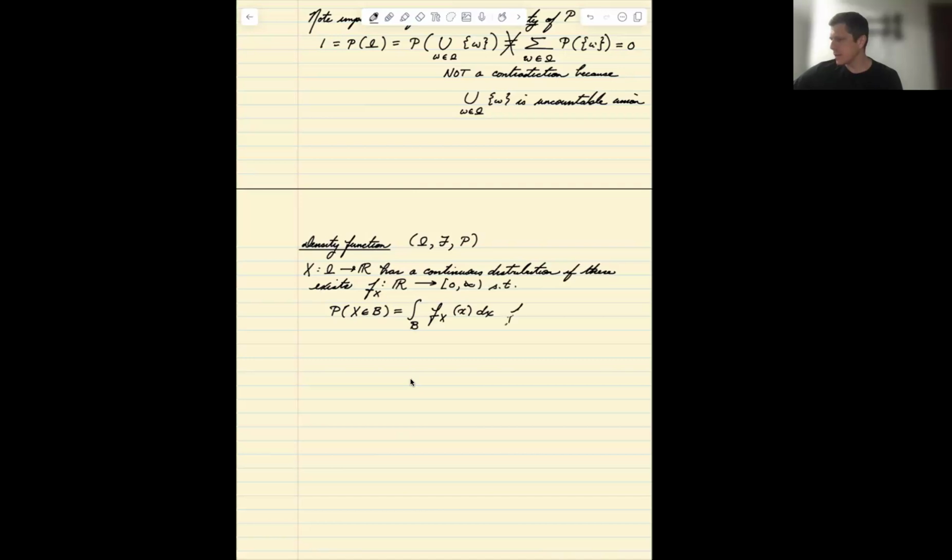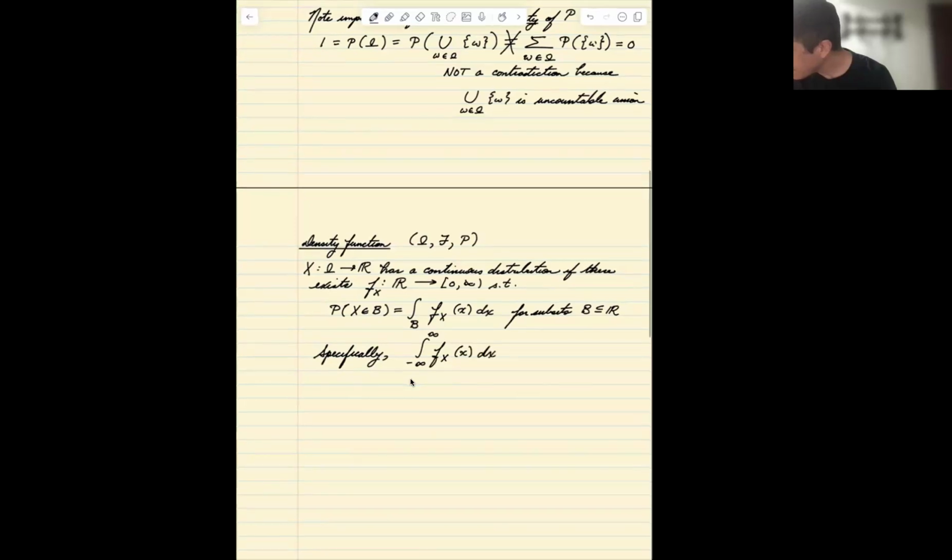This is for subsets B of R. Specifically, the integral over all of R, from minus infinity to infinity, of f is 1, because that is the probability that x takes values between minus infinity and infinity, and that has to happen because x is a random variable.